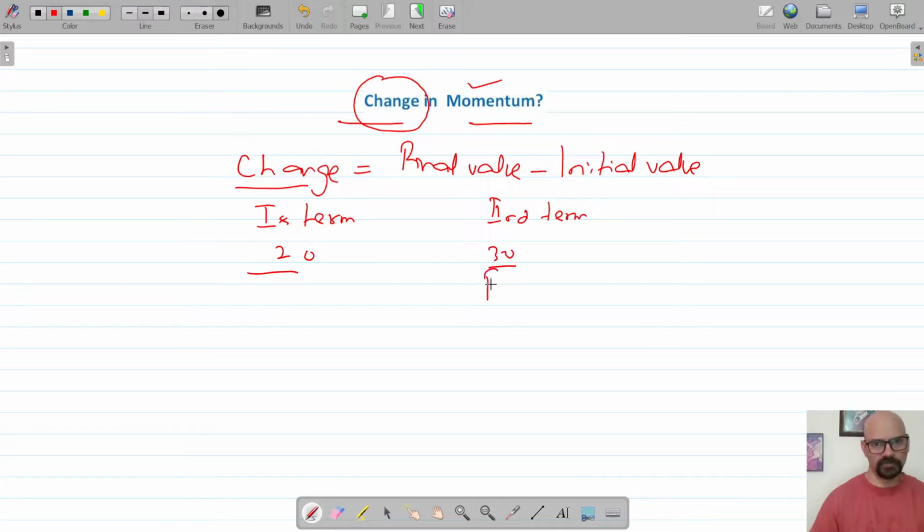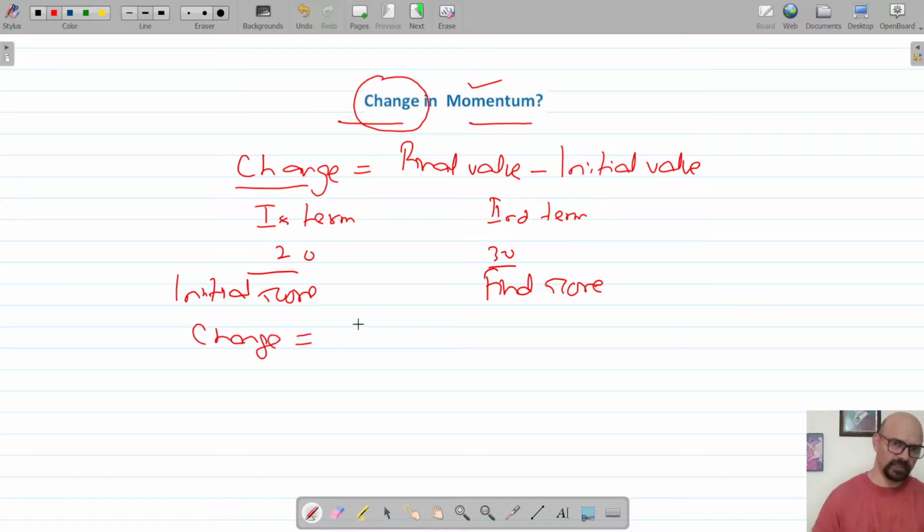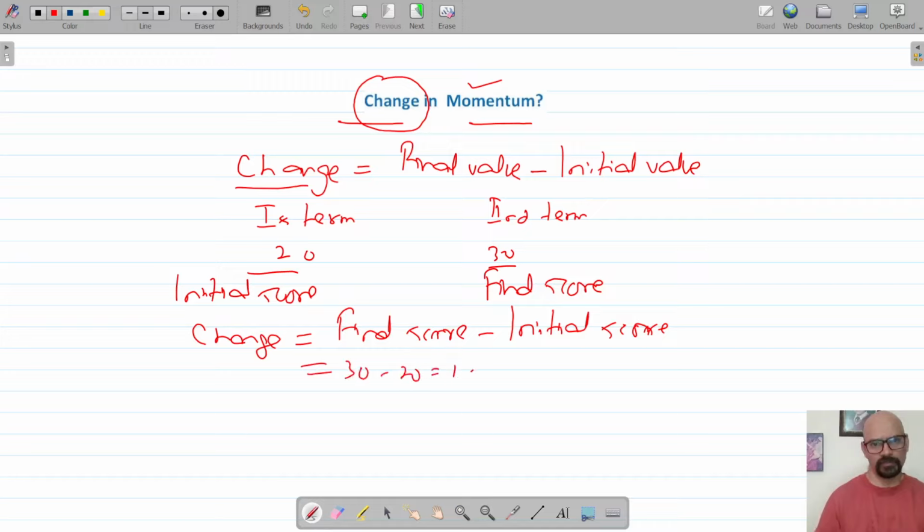So this is the final score, and this is the initial score. What exactly is the change? The change will be the final score minus the initial score. So the final score is 30 minus 20, which is equal to 10. So 10 is the change, and that is how we calculate the change: by subtracting the initial value from the final value.